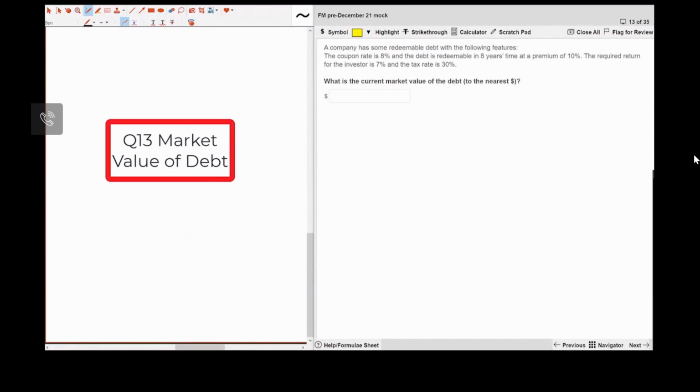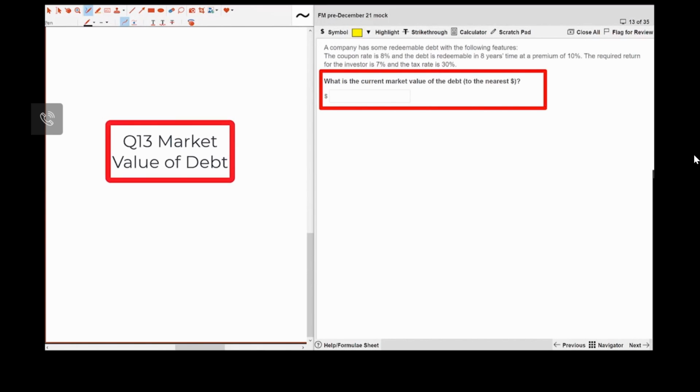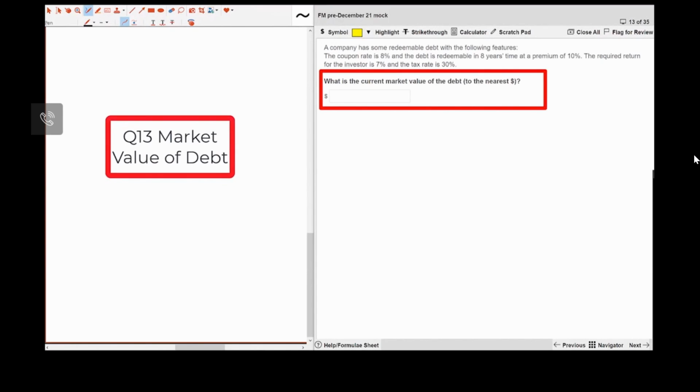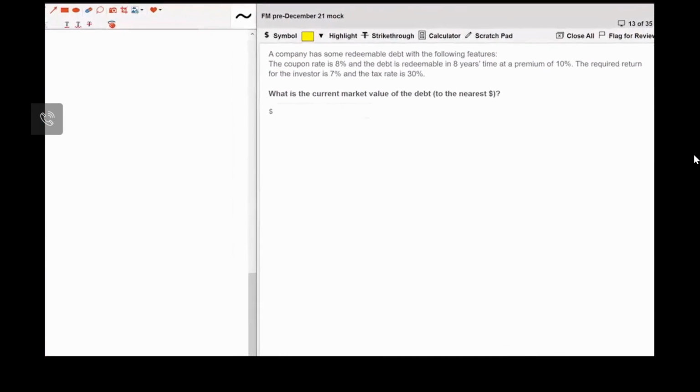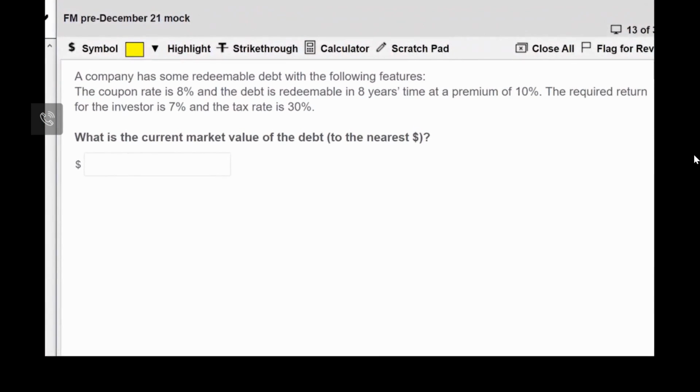So the next question is question 13. And here you have to find the current market value of the debt to the nearest dollar. So a company has some redeemable debt with the following features. The coupon rate, which is the interest rate on the debt, is 8%, and it's redeemable in 8 years' time, so that's the term of the debt, and it's redeemable at a premium of 10%.